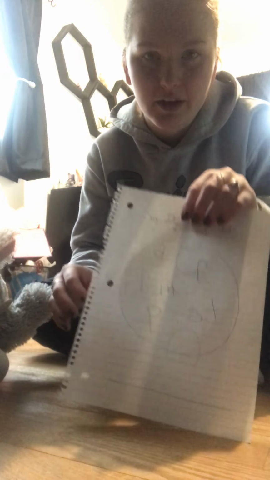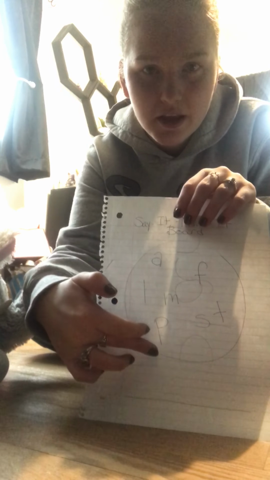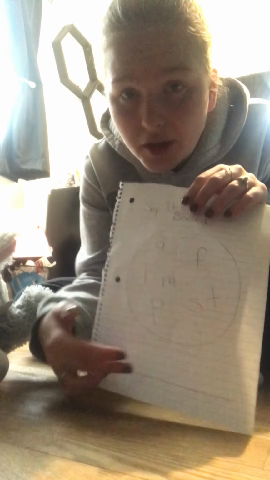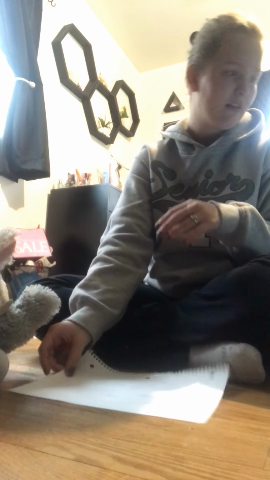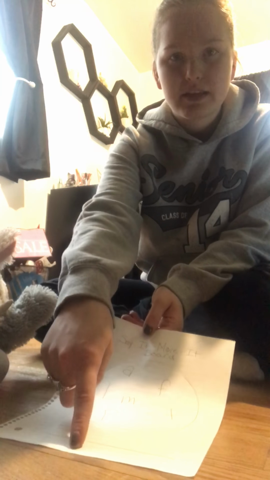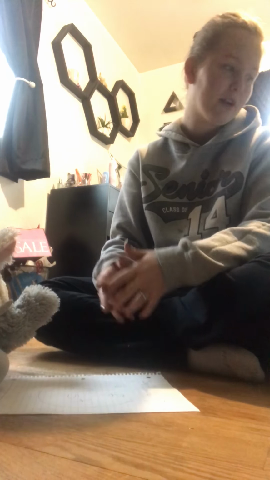So what we do is they would take their magnetic letter and they would move their letter P down to the line here and put a P. And then we would do the same thing, and we would pronounce each letter as they would put it. So it would be at, and that's how they would form that word.